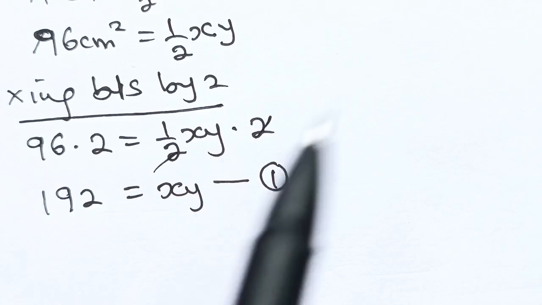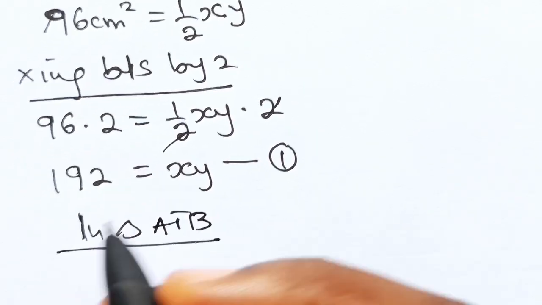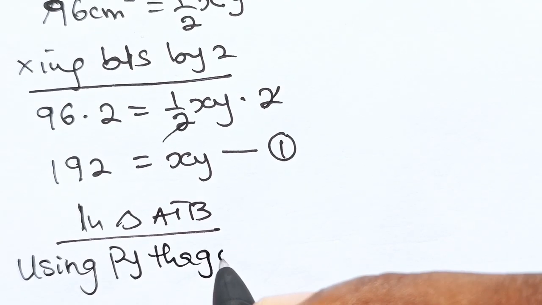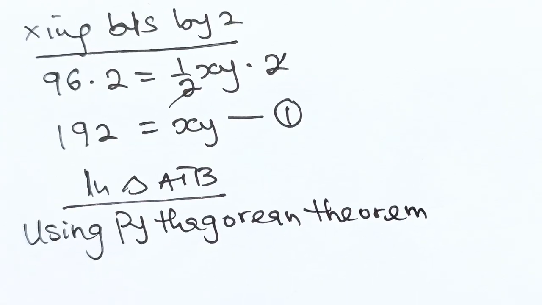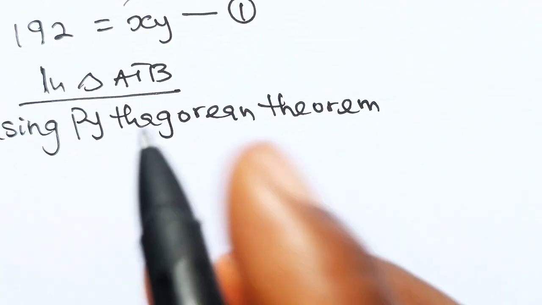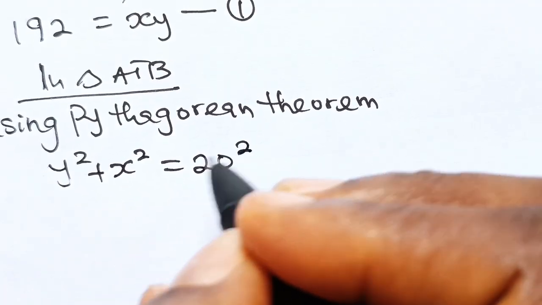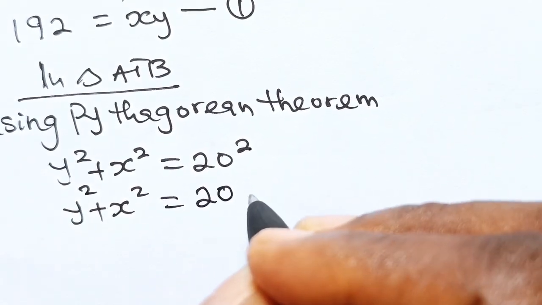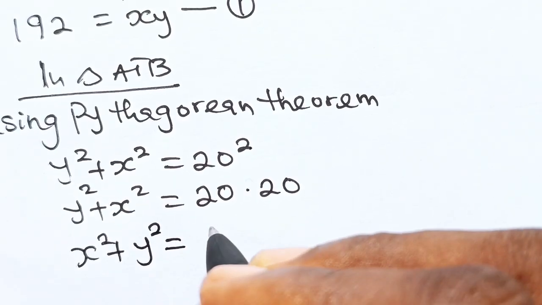So, using the Pythagorean theorem in triangle ATB, you can see that y squared plus x squared is 20 squared, which is 20 multiplied by 20. So x squared plus y squared is equal to 400.